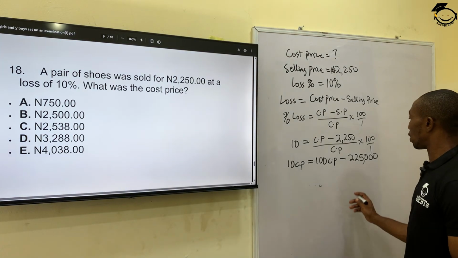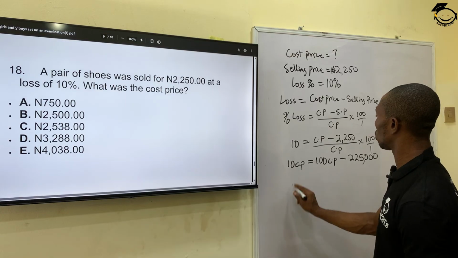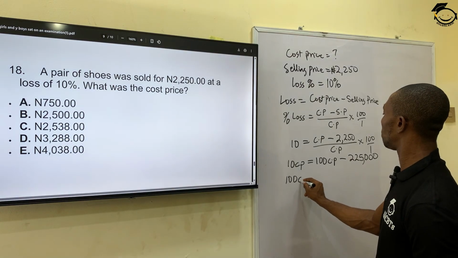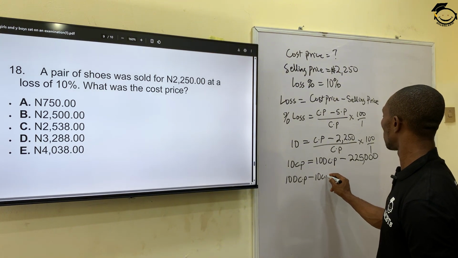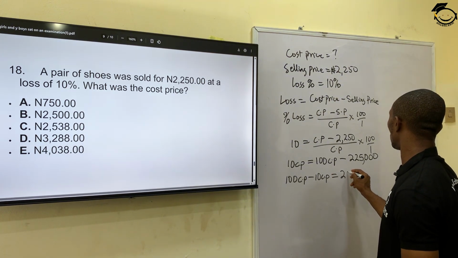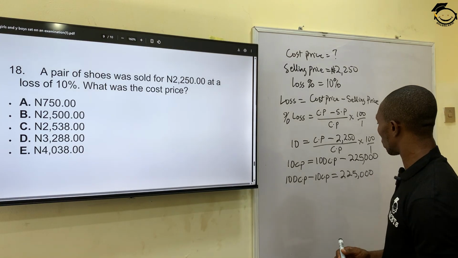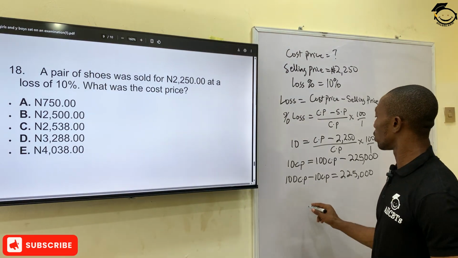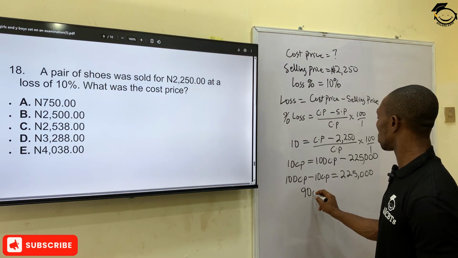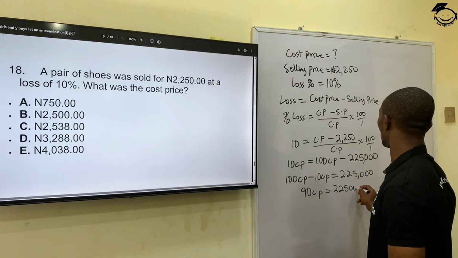Now moving this over, collecting our like terms, this will become 100 CP minus 10 CP equals 225,000. Now 100 minus 10 will give us 90 CP equals 225,000.